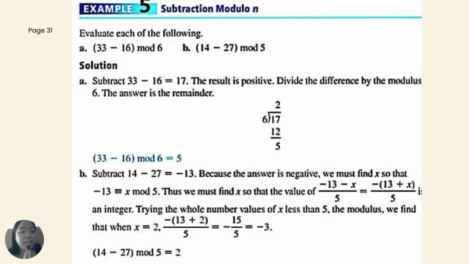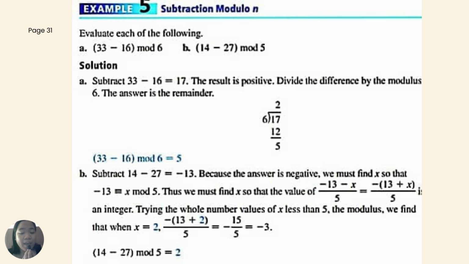Na siya ang answer, ang solution sa letter A. And then letter B, we have here subtract 14 minus 27, so we will get negative 13. And because the answer is negative, we will find first the x, so that negative 13 is congruent to x atong kagina mod 5.